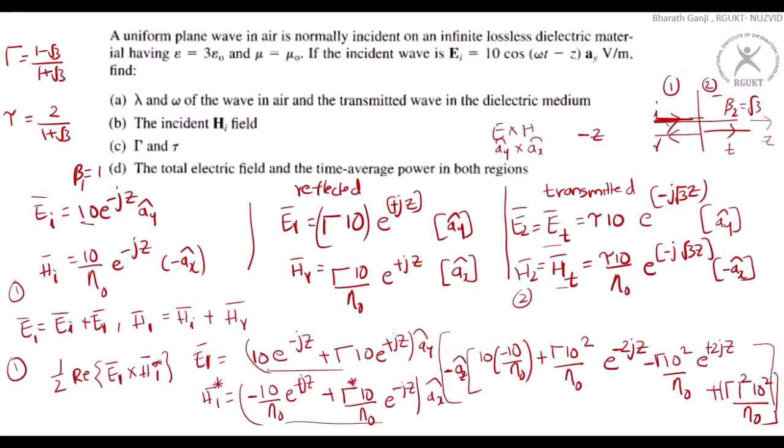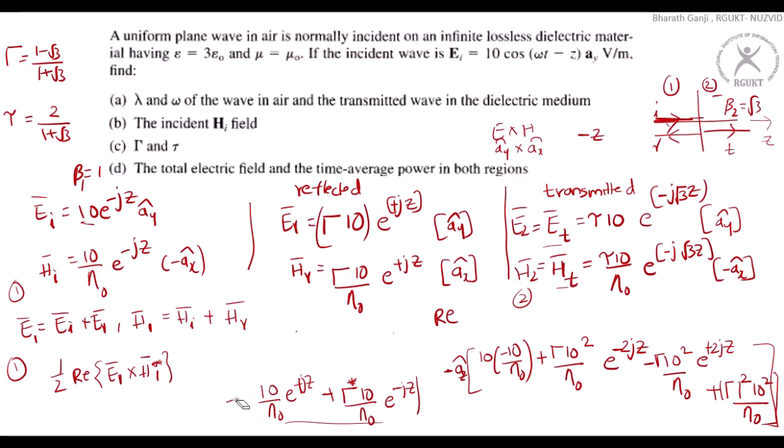For this whole factor you need to take the real part of it. Let me erase a few things here so that we can get an answer. If I take the real part, what I can see is there are real numbers in this expression and complex numbers here.